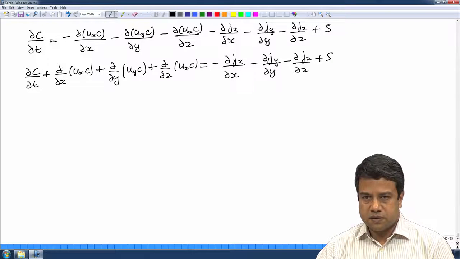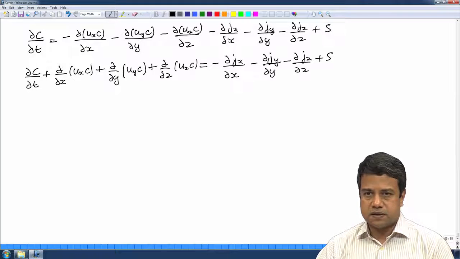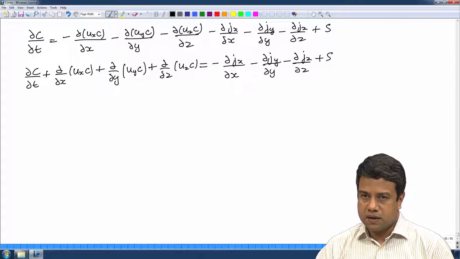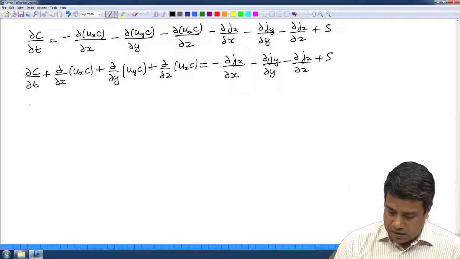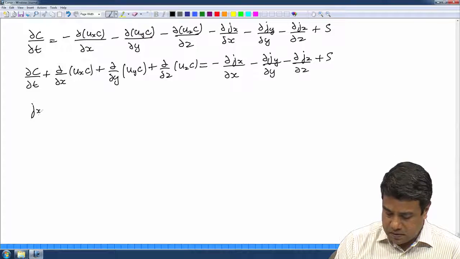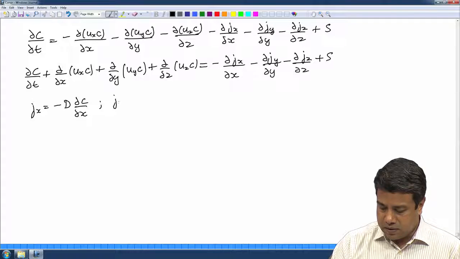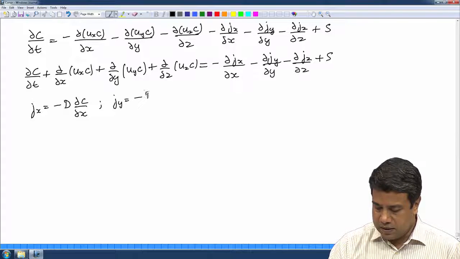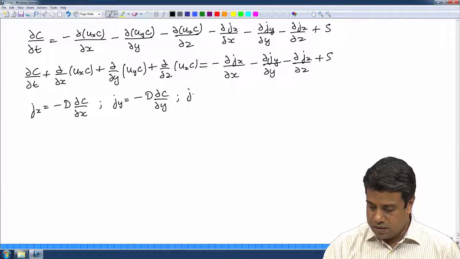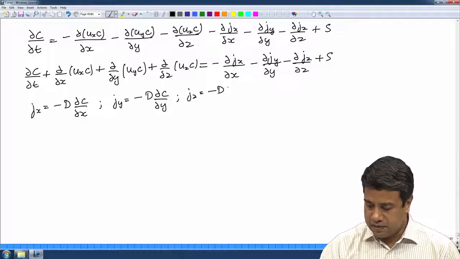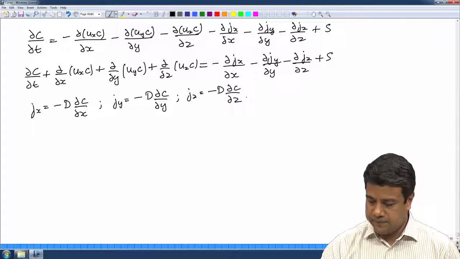Now I have to use the constitutive relation for these fluxes. In general, if the material is isotropic, the flux J_x will be equal to minus D partial c by partial x, J_y is equal to minus D partial c by partial y, J_z is equal to minus D partial c by partial z.